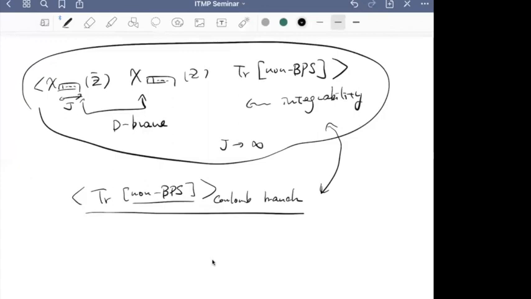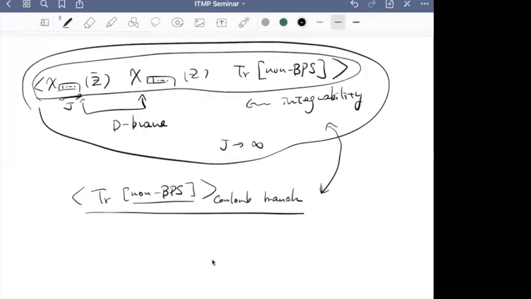And certainly integrability, if it's applicable to this side, also knows about all the 1 over J expansion as well. The leading one is just given by the Coulomb branch flat integral. Yeah, okay. Thank you.